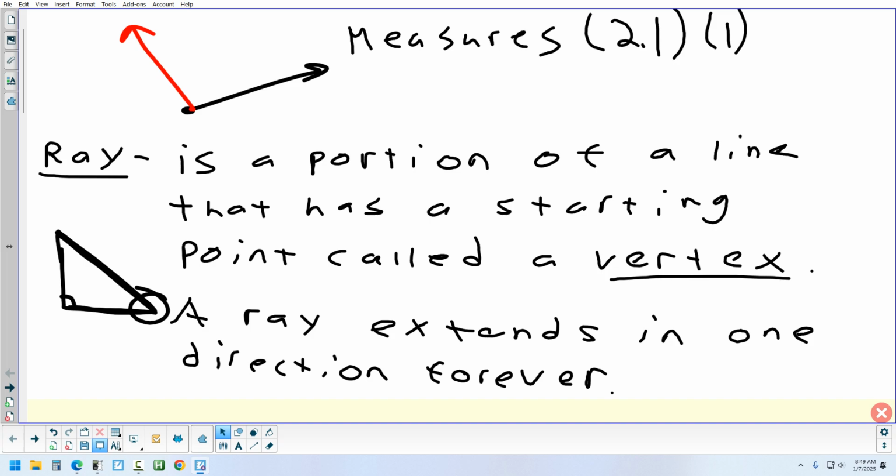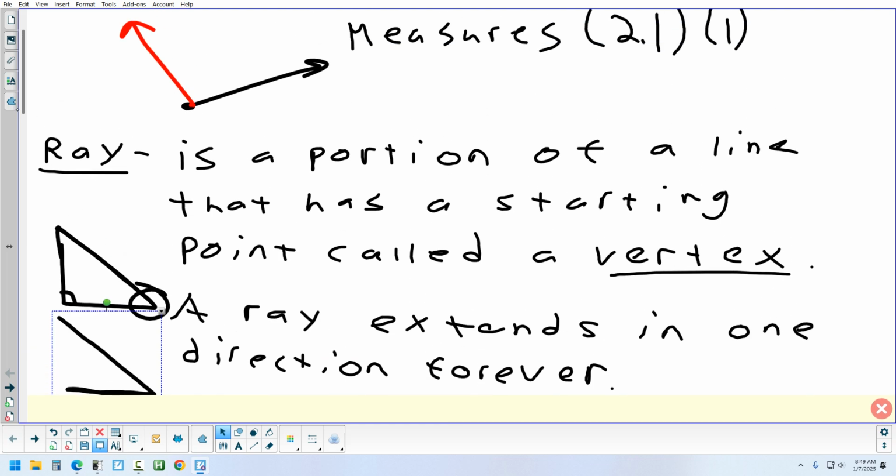Like this part right here. Just these two pieces. They're not rays, but they are... lines? No, they're not lines either. These are not lines. What are these? Yeah? Segments, yeah. So if you have two segments that have a common point, or you have two rays that have a common point, you have an angle in both cases.